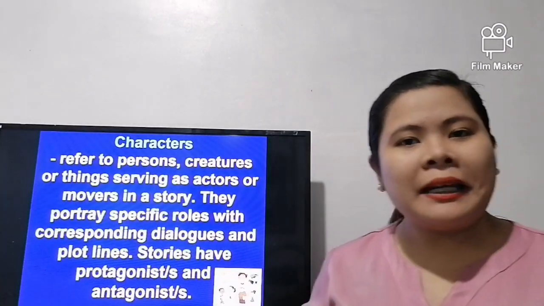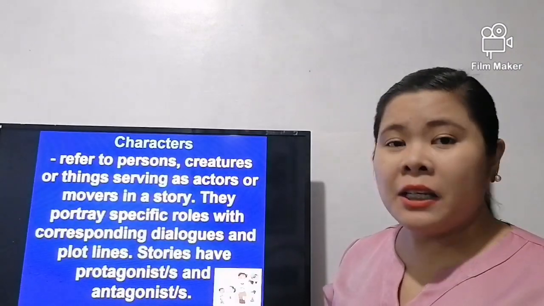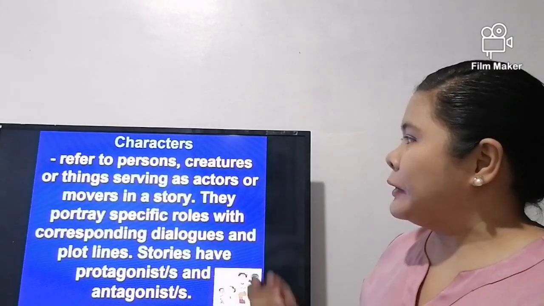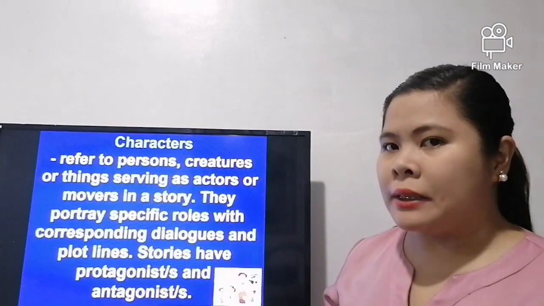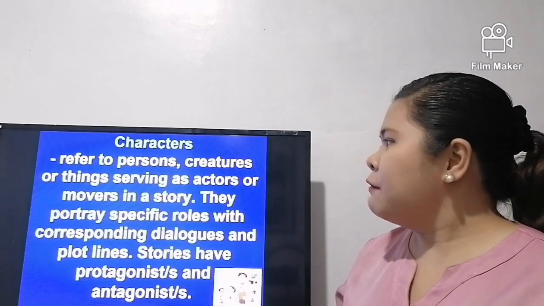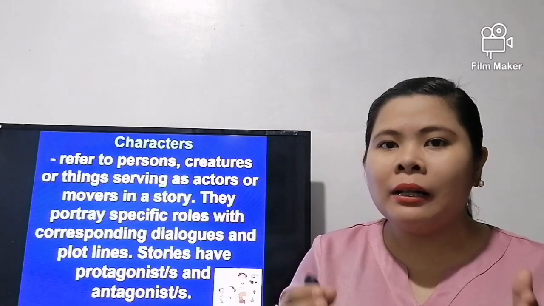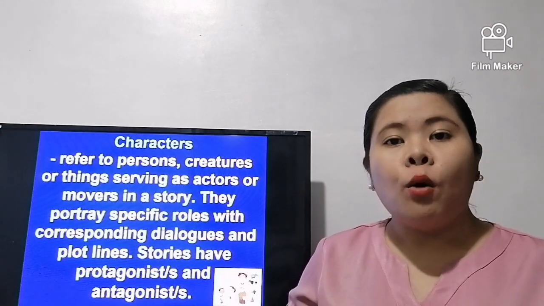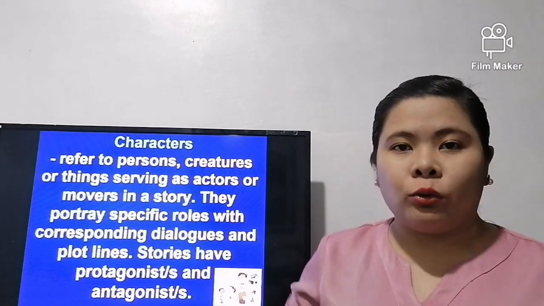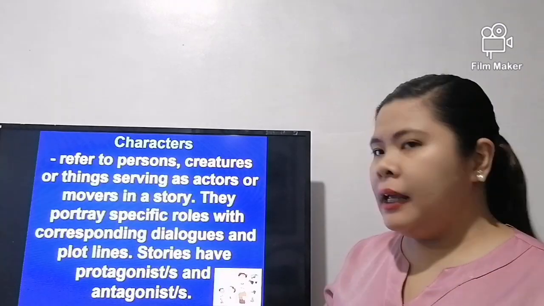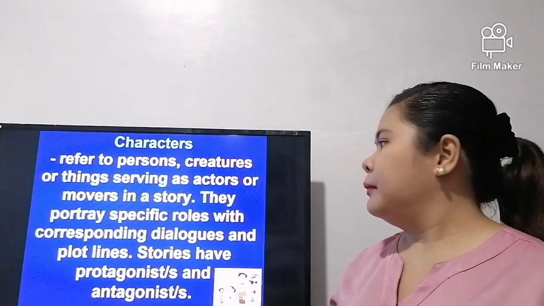Characters. When we say characters, these refer to persons, creatures, or things serving as actors or movers. I will give emphasis here. Movers, actors in a story.